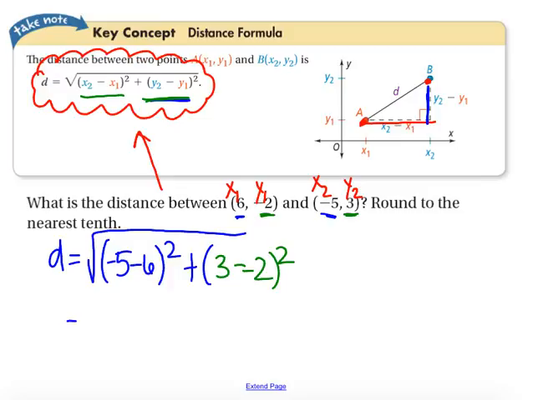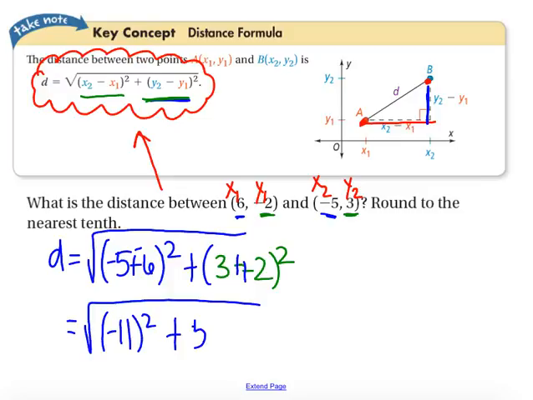Now, we just crunch some numbers here, it's just strictly arithmetic. So negative 5 minus 6, we get negative 11 squared plus, subtraction means add the opposite, so 3 plus 2 is 5 squared.